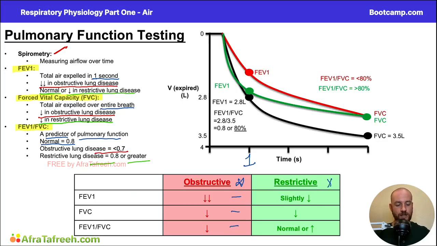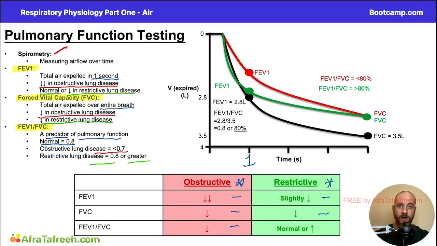And for restrictive lung disease patients, the FEV1 is going to be slightly decreased, and the FVC is definitely going to be decreased because remember, they can't breathe out that much air over their entire breath because they don't have that much lung volume to begin with, and because the denominator is falling to a greater degree than the numerator is, the ratio could be elevated in restrictive lung disease. However, if the FEV1 and FVC are falling to a similar degree, then the FEV1 FVC ratio could also be normal in a restrictive lung disease.